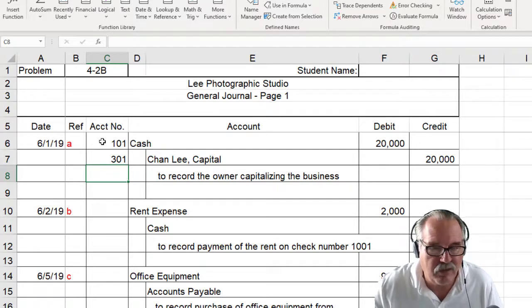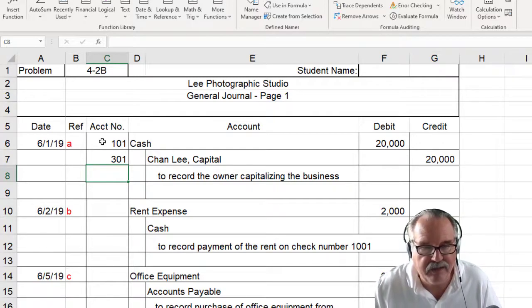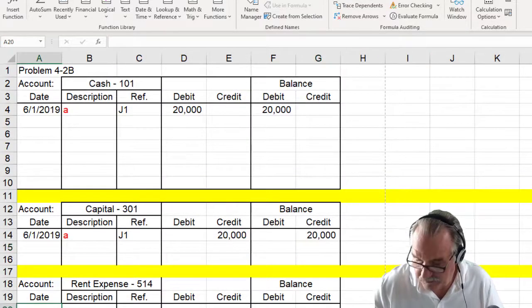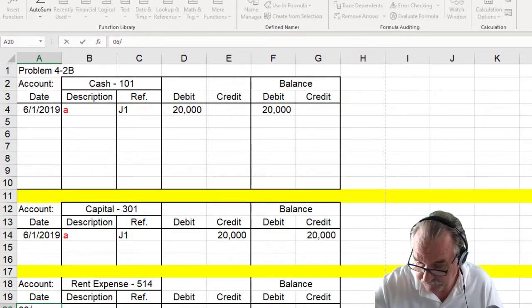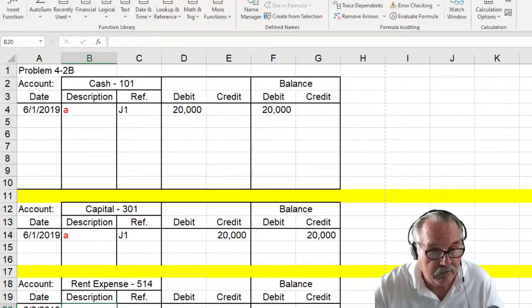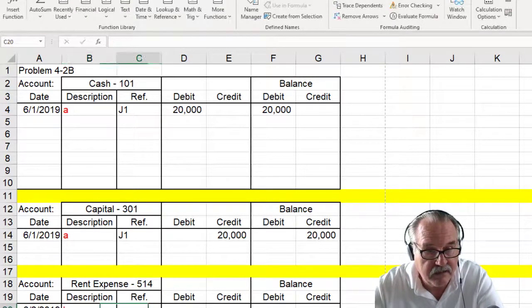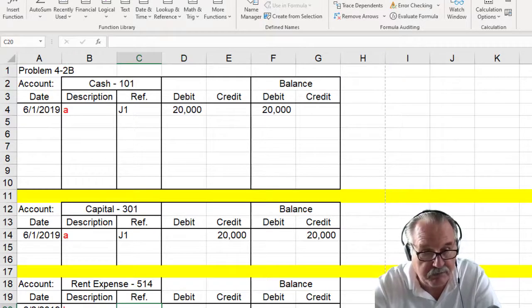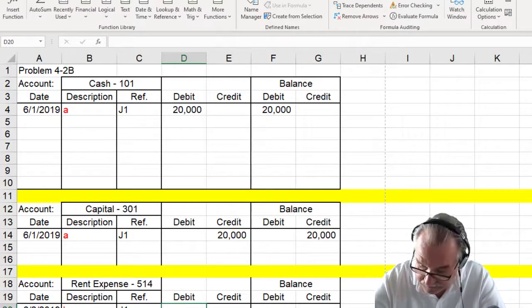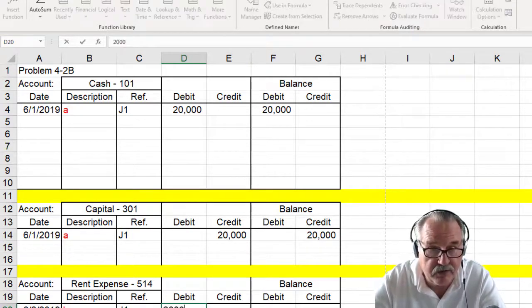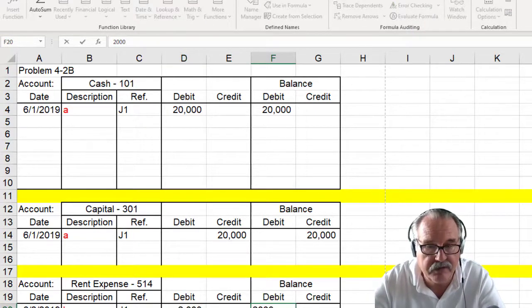So let's post the second one. The second one was the rent payment. I'm going to go back to my general ledger, and this was on June the 2nd. Transaction B, and this is still journal page 1, J1, and I'm going to debit the rent expense $2,000 and the balance is $2,000.